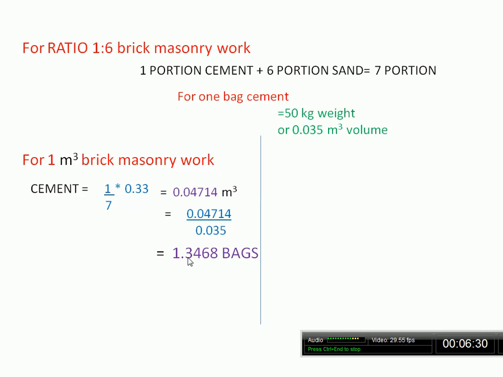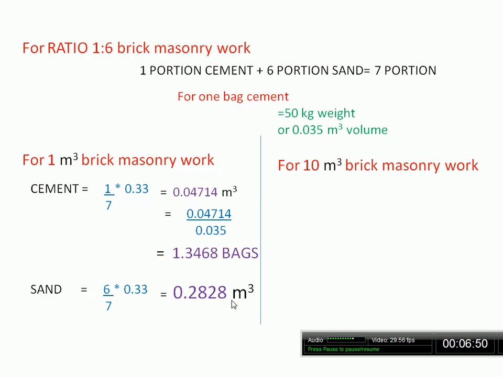Now we get 1.3468 bags. Then for sand, the 6 portions divided by the total 7 multiplied by the mortar volume for 1 m cube, 0.33, and we get the answer 0.2828 m cube. Now for 10 m cube brick masonry work, we also find the quantity of cement and sand.